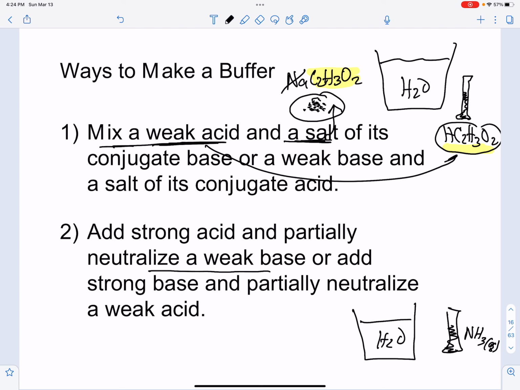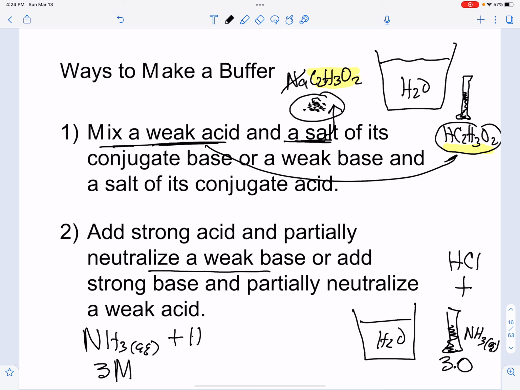And I can add a strong acid to it. So let's say that I have 3 molar of ammonia, right? And I add acid to it, let's say 1.5 molar.